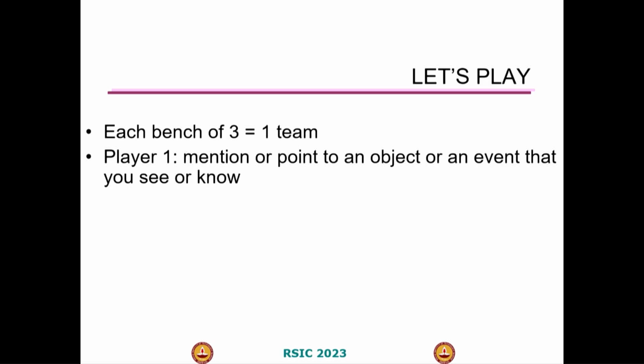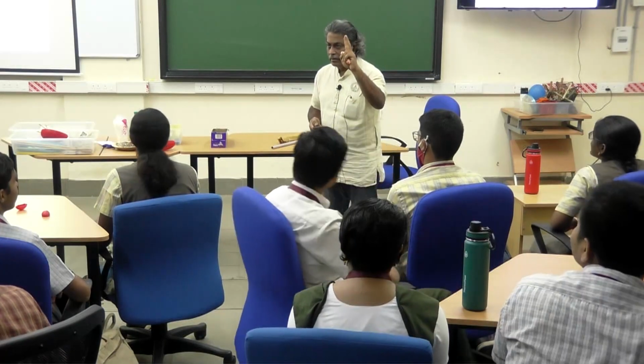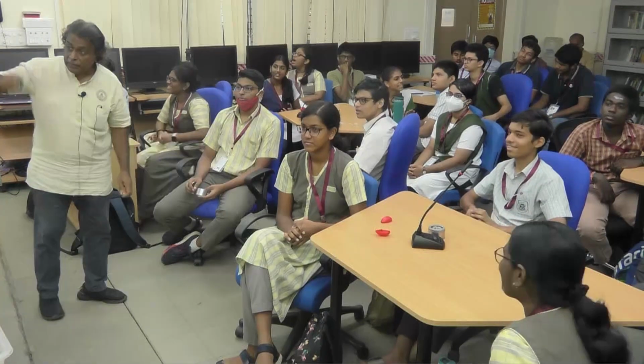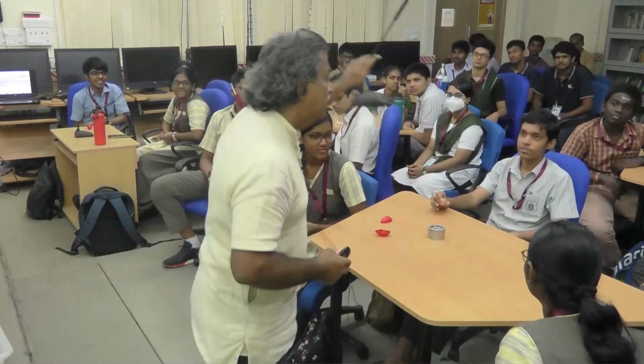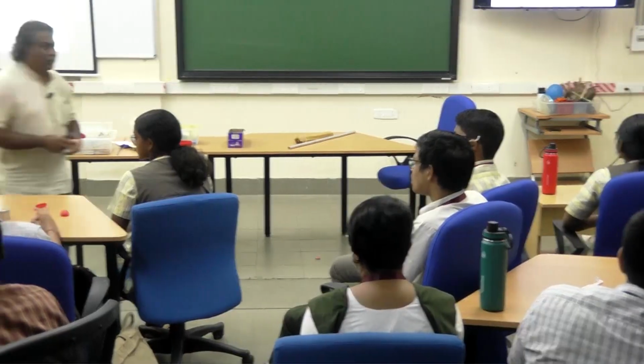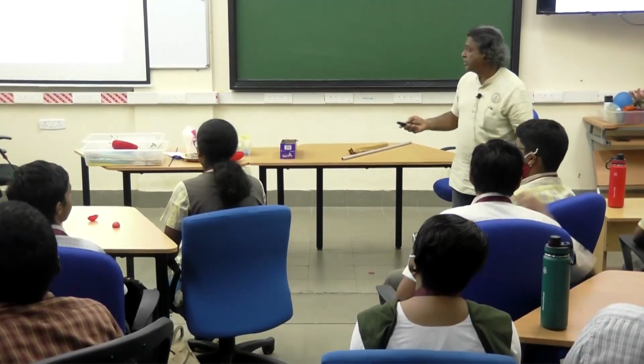Player 2 says, for that object or event, what is the purpose of the object, what is coming into the object and what is getting out. For example, what is coming into this and what is getting out of this. You will do this for the object or the event that the first player mentions.